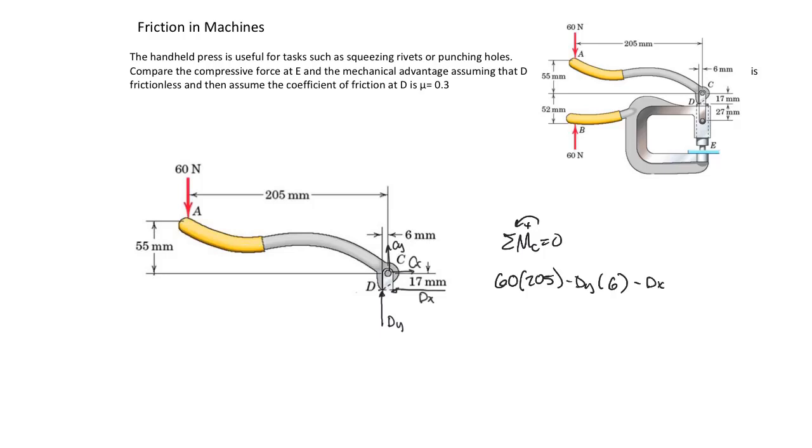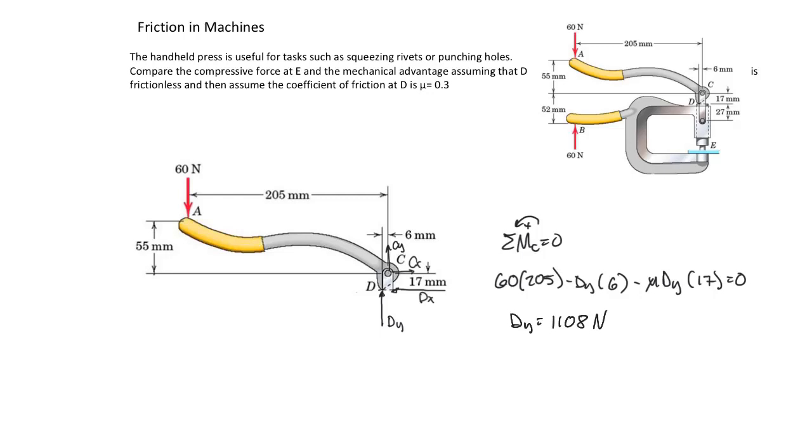Now, in this case, it is a slipping scenario, so Dx is equal to mu Dy. So instead of putting it in there, I'll just say mu Dy times a lever arm of 17 millimeters, and that's equal to 0. I know my mu is equal to 0.3, so I can solve this for Dy, which is equal to 1008, and that's in newtons.